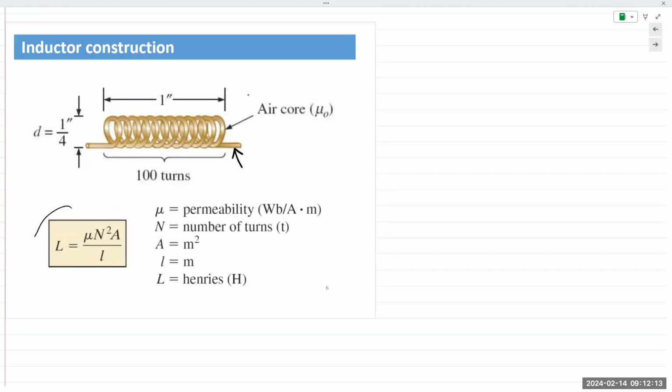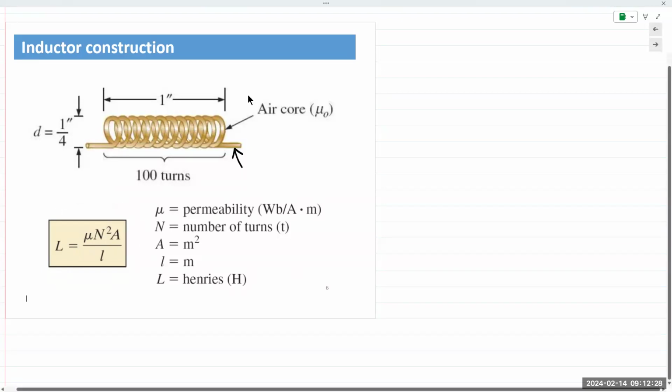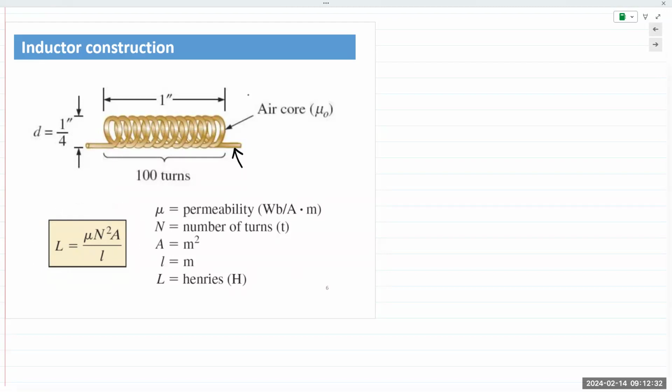The equation is given by L equals mu n square A over l. The uppercase L stands for the inductor value. Lowercase l is the length of the inductor measured from end to end of the spiral coil.